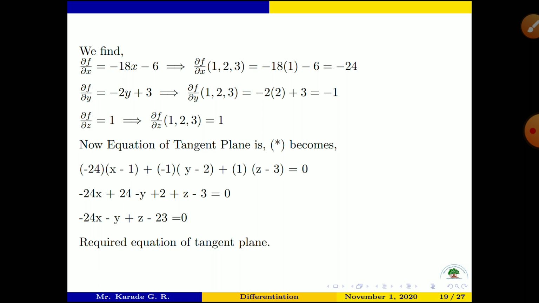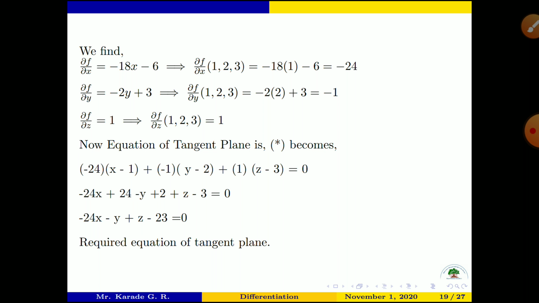Similarly, the partial derivative of f with respect to y is equal to minus 2y plus 3, and the value of dou f by dou y at point (1, 2, 3) is equal to minus 1. And the partial derivative of f with respect to z is equal to 1, and the value of dou f by dou z at point (1, 2, 3) is also 1.